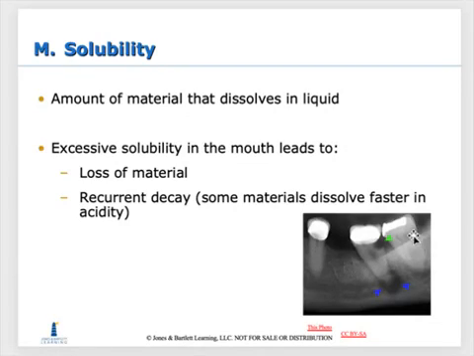But for instructional purposes, this is just an example of recurrent decay. That's mostly the tooth structure underneath that crown, but it's possible that some of the cement that was used could have been exposed or prone to causing some recurrent decay.